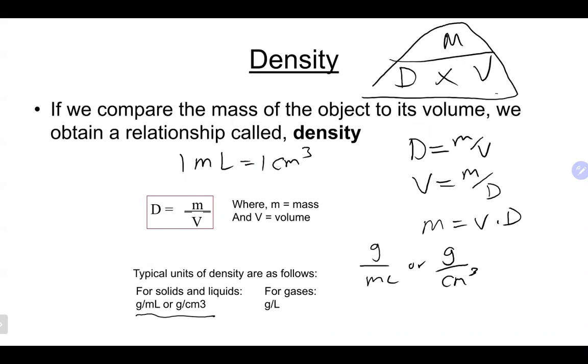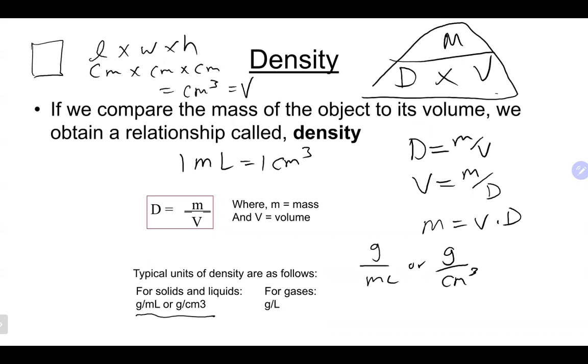How do we get some of those volumes? Obviously, the milliliters we could get by just taking a volume reading in some type of cylinder. We can get cubic centimeters by taking something like a cube and measuring the length times the width times the height, each measured in centimeters, which if you multiply them all together gives you cubic centimeters, which again is a volume.